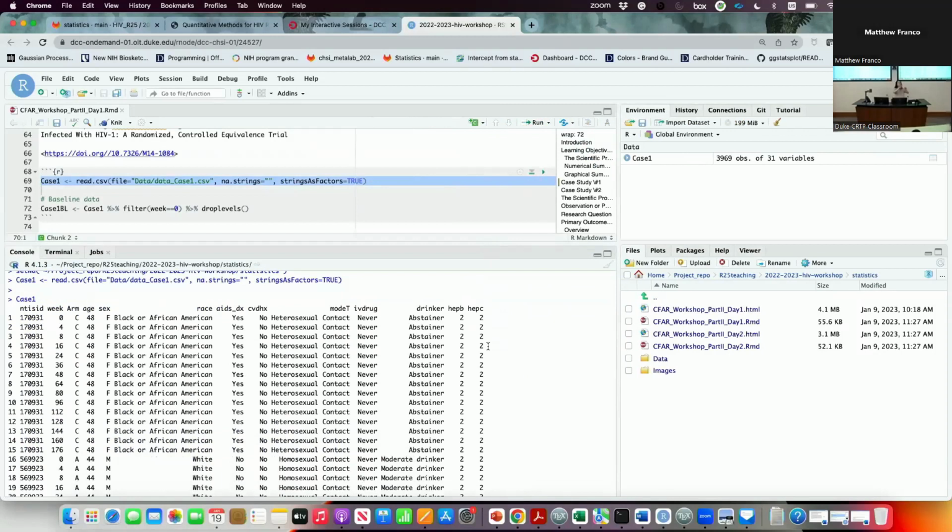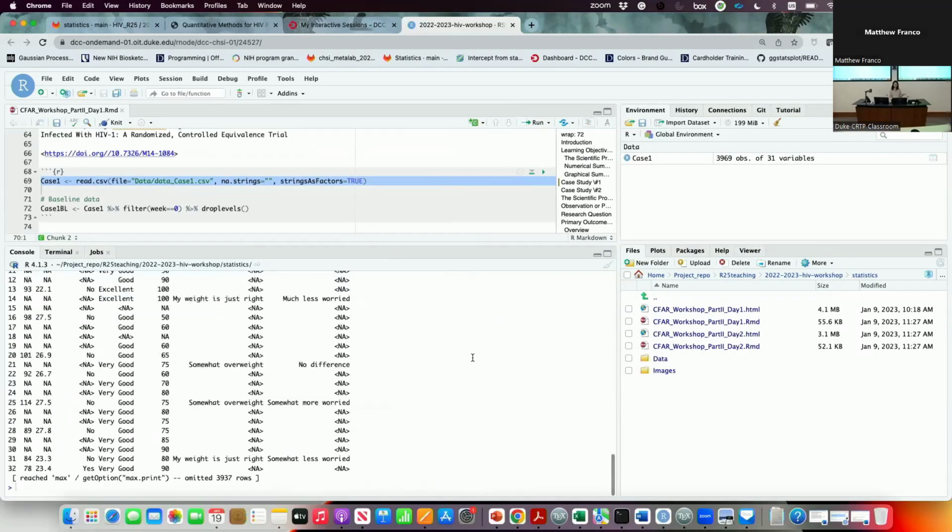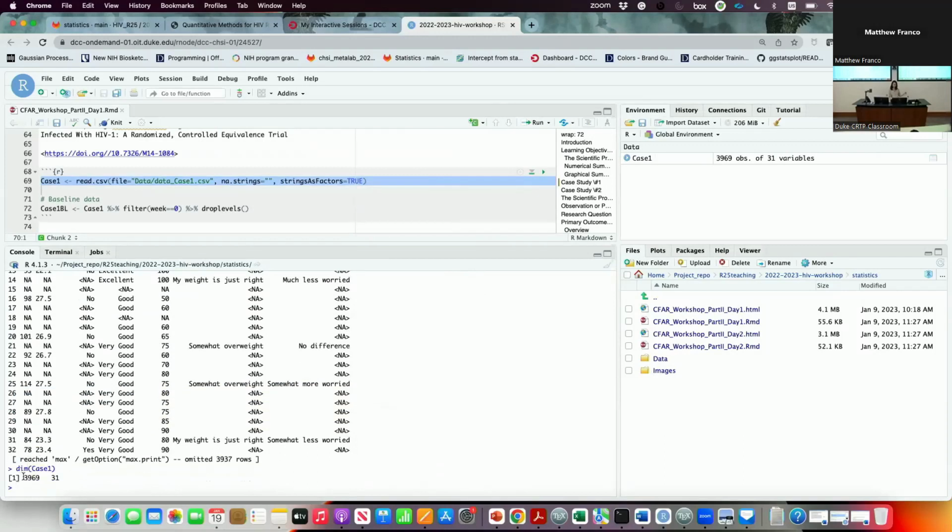I'm waiting for the others to be able to have this data. Maybe you can play around with this data a little bit. For example, how to get to know the size of data? You can use DIM, dimension. It tells you the rows, that is how many people are here, and the column number, 31. That is, you are recording 31 features.